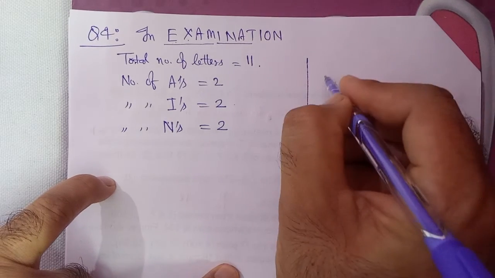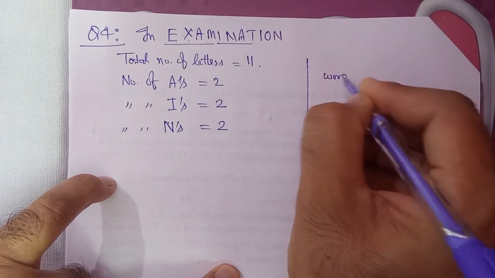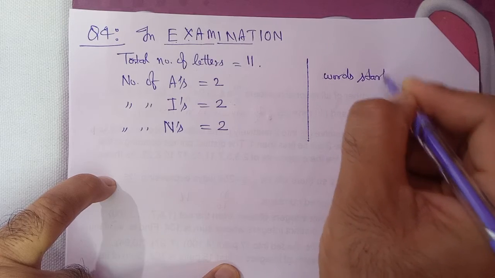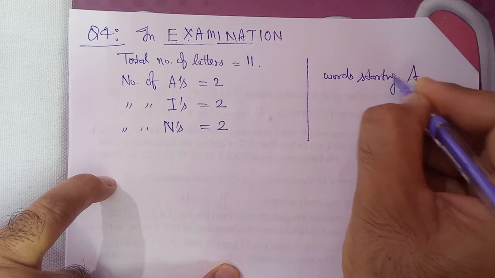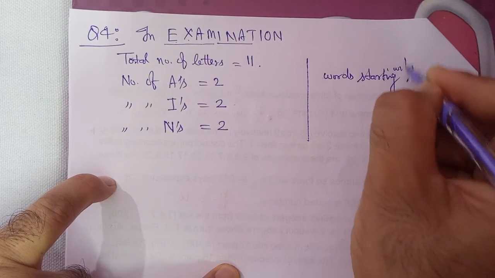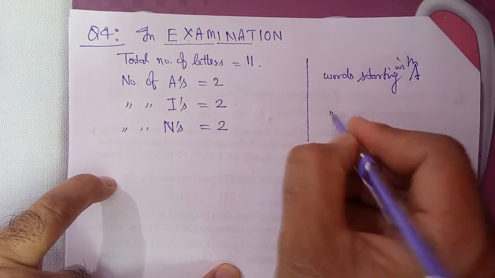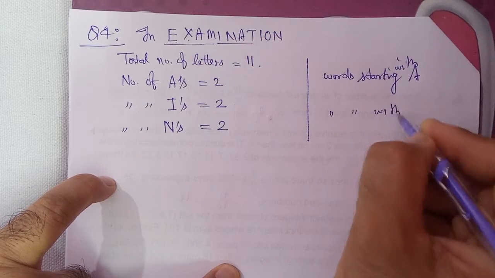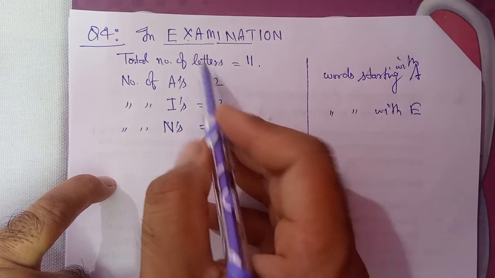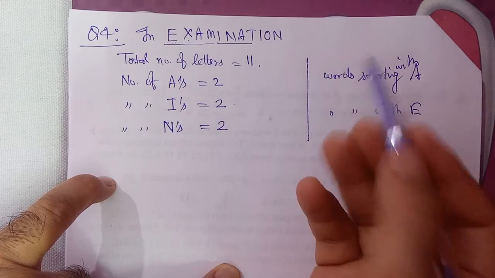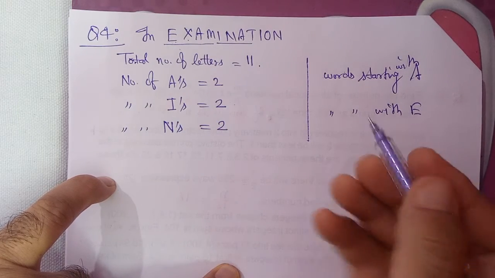So first there will be words starting with A. After that, words starting with E, then words starting with I, and so on.